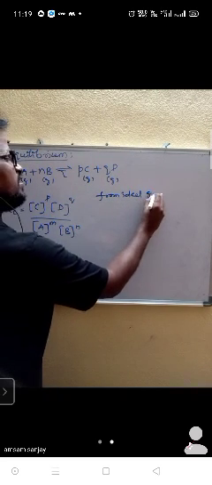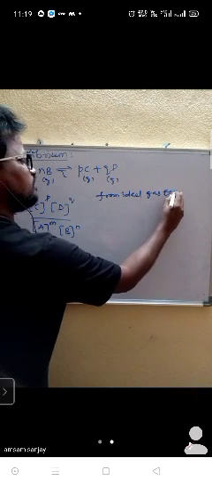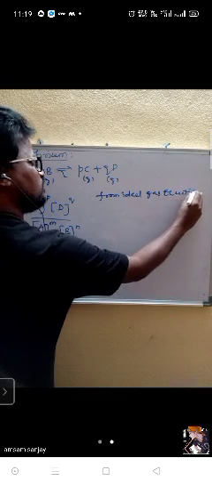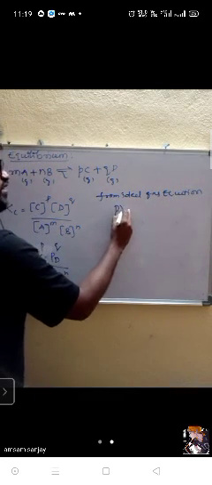I want to make the relation between Kc and Kp. For example, what is the ideal gas equation? Very good, PV is equal to nRT.